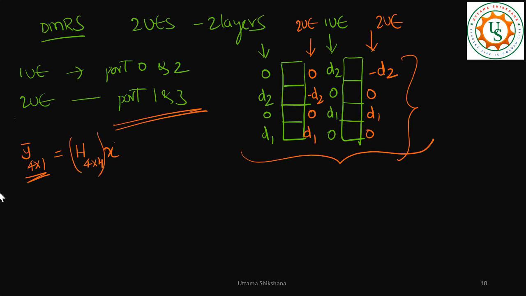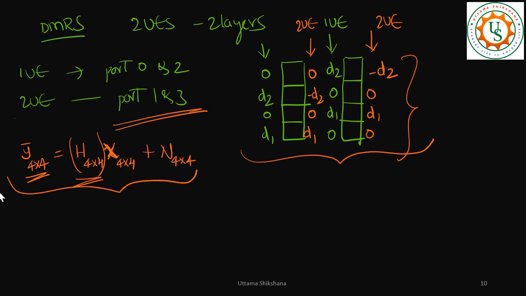I should have this matrix X, which is 4 cross 4. We spoke about this also: we need a minimum of 4 columns of X to estimate this H, plus N, 4 cross 4. So if we are considering X as 4 cross 4, we would be stacking up this Y, so this will also be 4 cross 4.